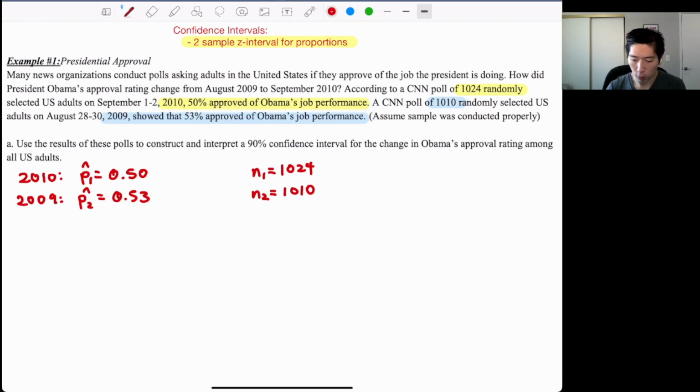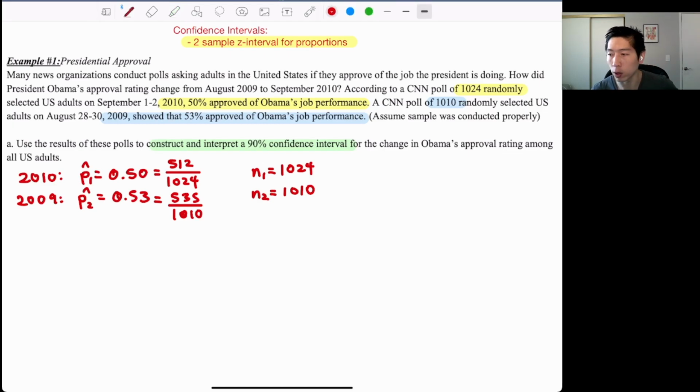For example, for P1, you can't type in 50%. You have to type in 50% of 1024. And what is that? That comes out to 512 out of 1024. Same thing, 53% of 1010 comes out to approximately 535 out of 1010. And then we're going to use these two sample statistics to construct a 90% confidence interval for the change in Obama's approval rating among all US adults.